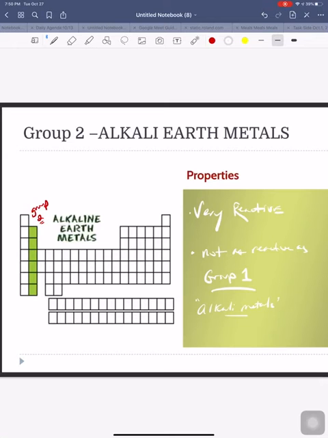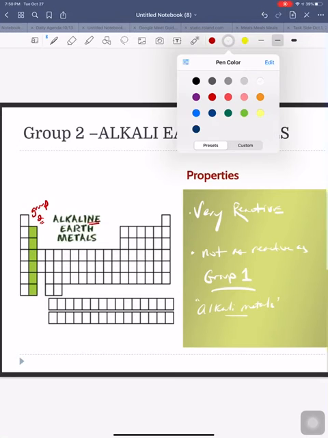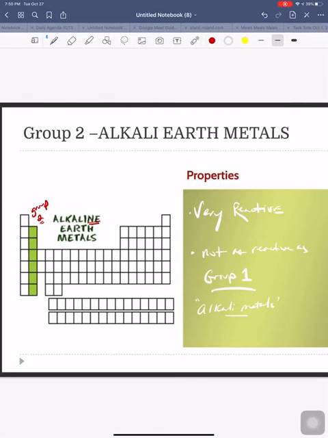Well, they are very reactive, and I'll actually add in here, same thing for group 1, they are very predictable.